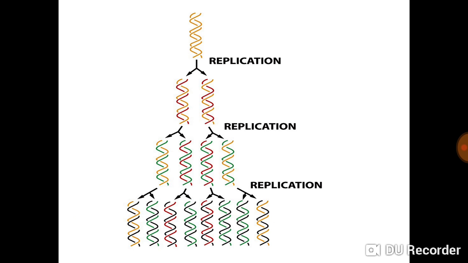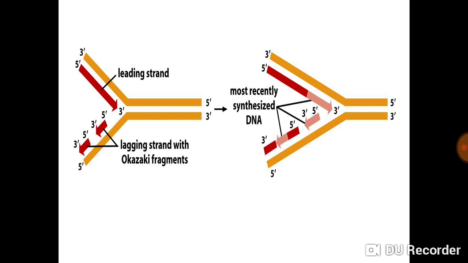So, we will be discussing the replication basics. Replication depends on the pairing of bases between the two strands of DNA. An A can only bind to a T and a C can only bind to a G. In the DNA double helix, the bases of one strand face across to those of the other strand.